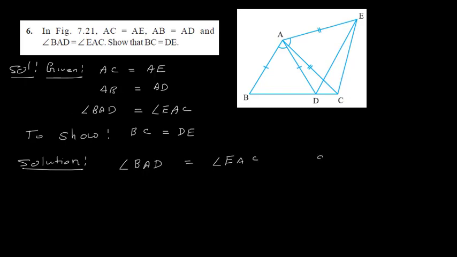This is given, and as we have discussed, we will add angle DAC to both sides: angle BAD plus angle DAC is equal to angle EAC plus angle DAC. Okay. Therefore, if the same angle is added on both sides, there will be no effect on equality.